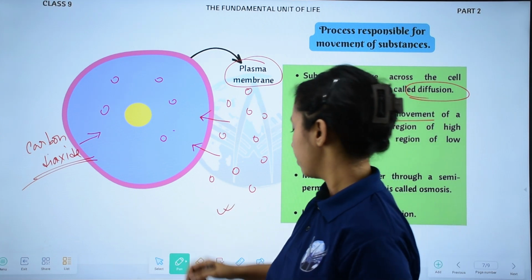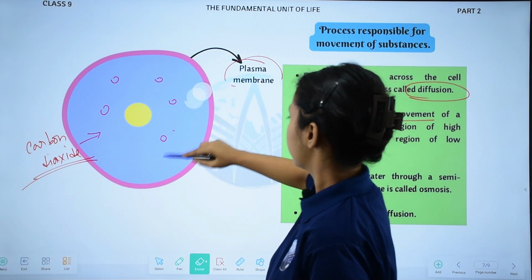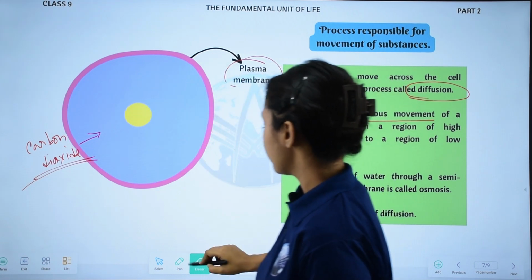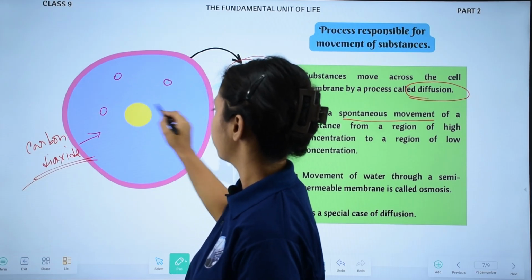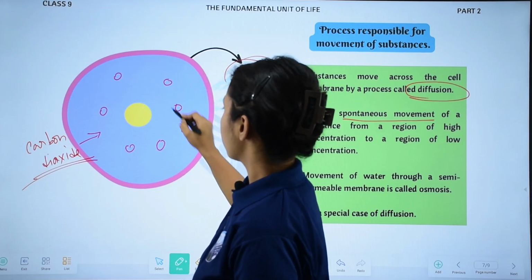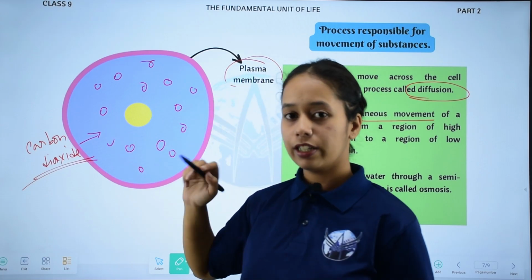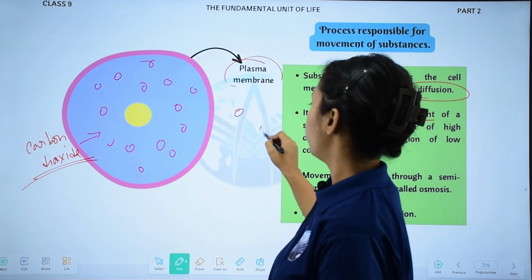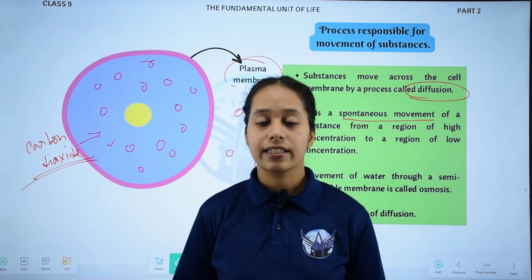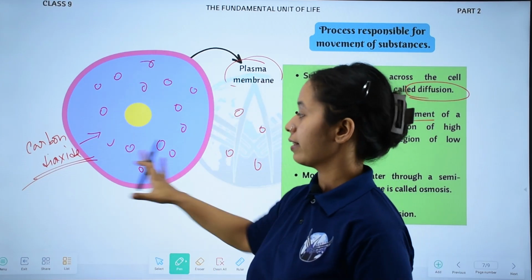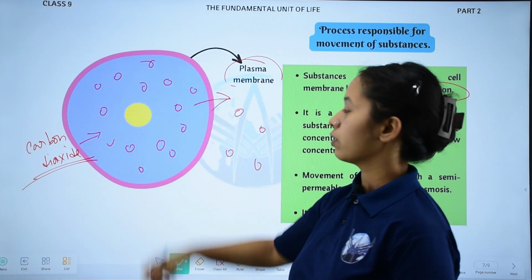When a cell produces waste, carbon dioxide for example, the waste concentration is higher inside the cell and lower outside the cell. So the plasma membrane will allow this waste, this carbon dioxide, to move from inside the cell to the outside of the cell.